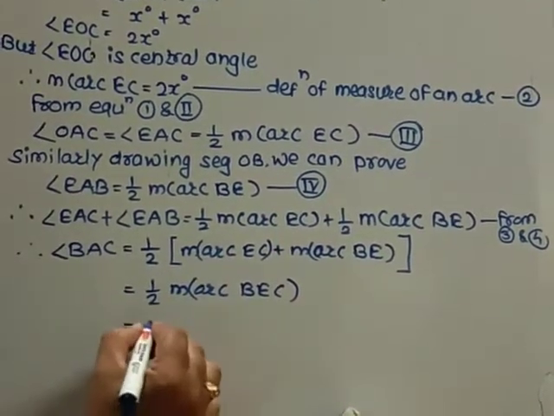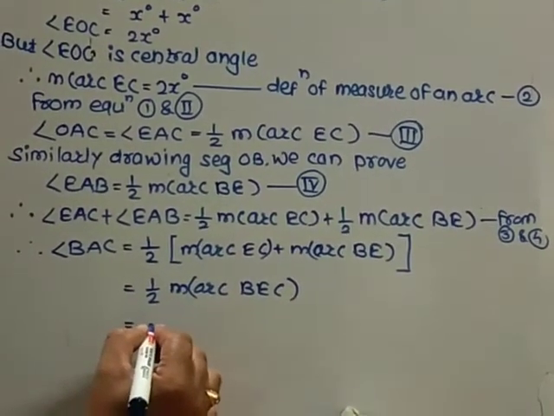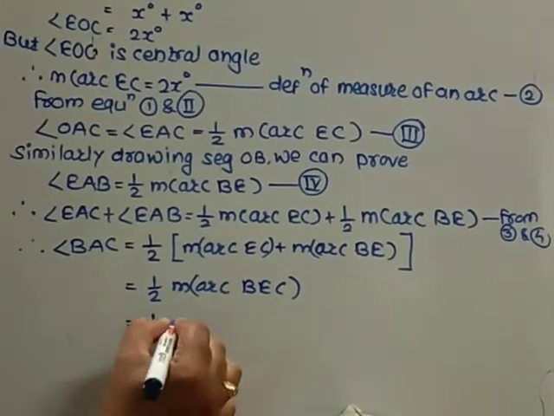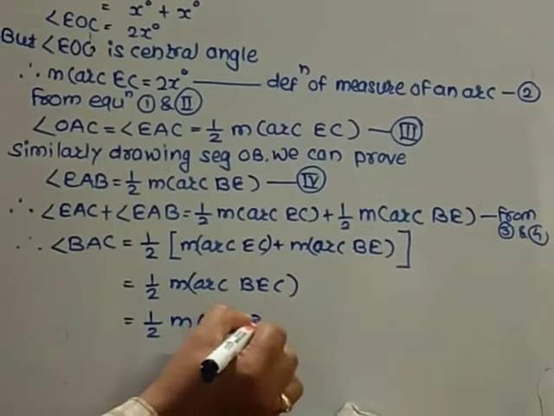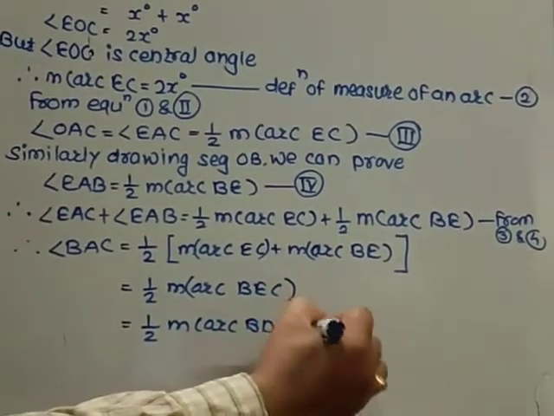That is equal to half of the measure of arc BDC, equation 5.